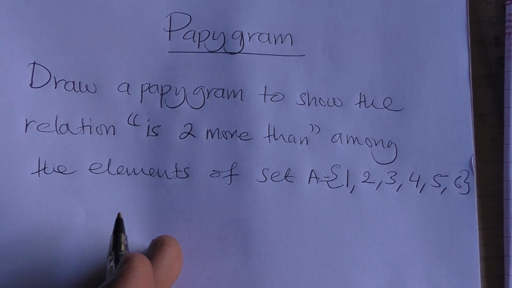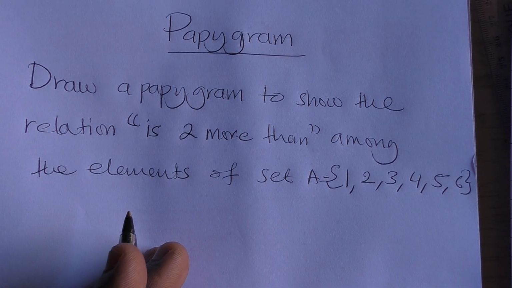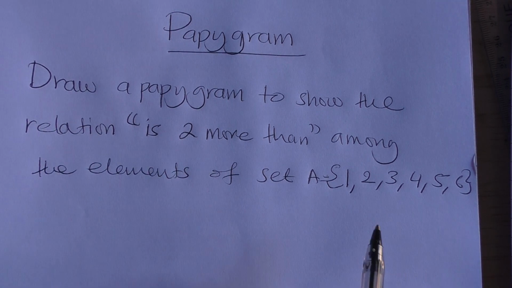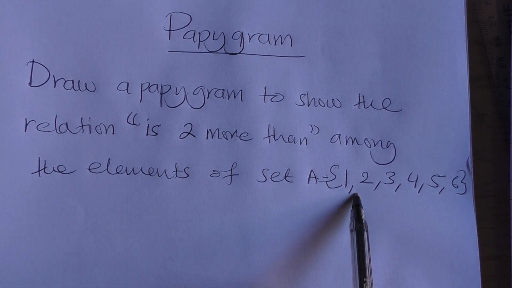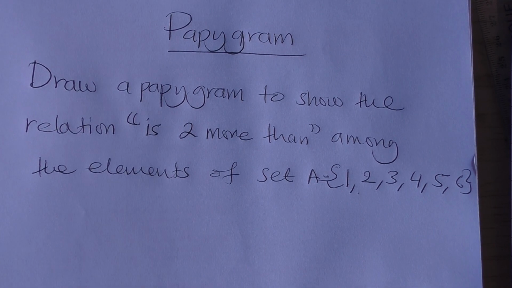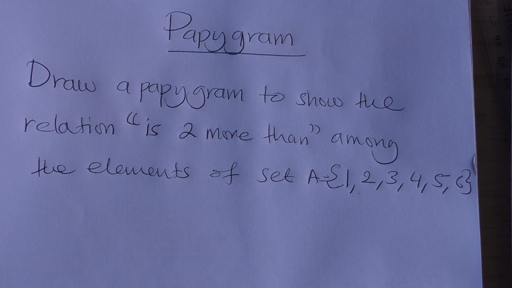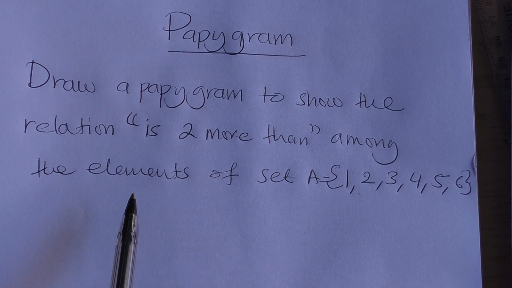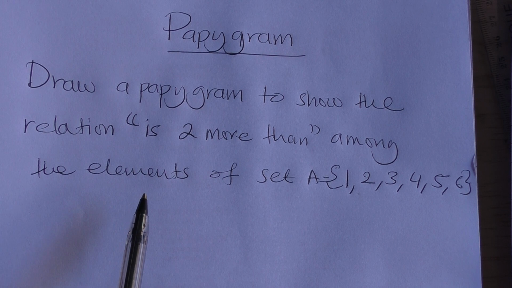So they want us to draw a parallelogram to show the relation is 2 more than among the elements of set A. Remember, we've said that a parallelogram is used to represent relations whose domain and range belong to one set.